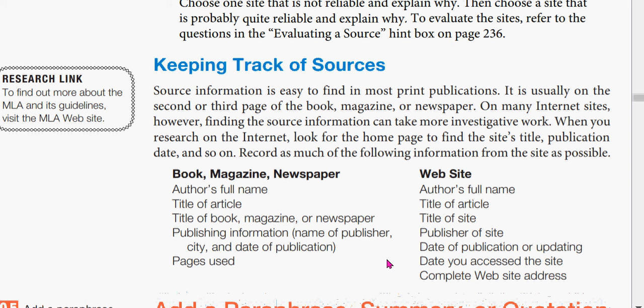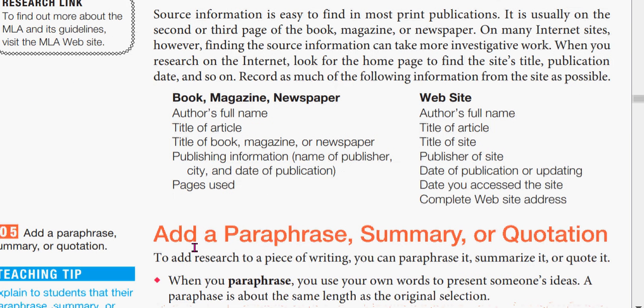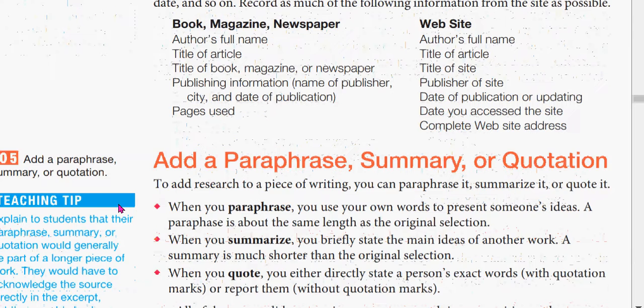A lot of people start out their research and they don't realize how tough it can be at the end if they haven't been careful to write down complete information about the author, the title of the book or magazine or journal. If you haven't tried to save this information, it'll be very hard at the end to put your paper together and do the correct citation.